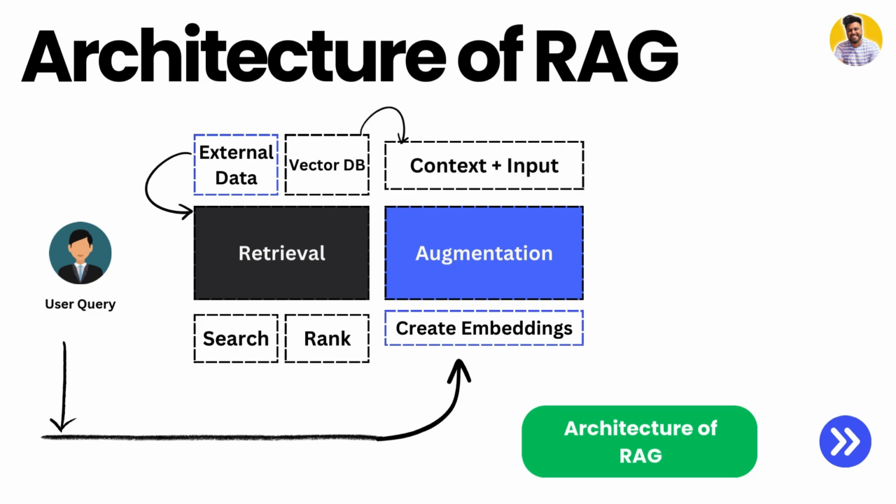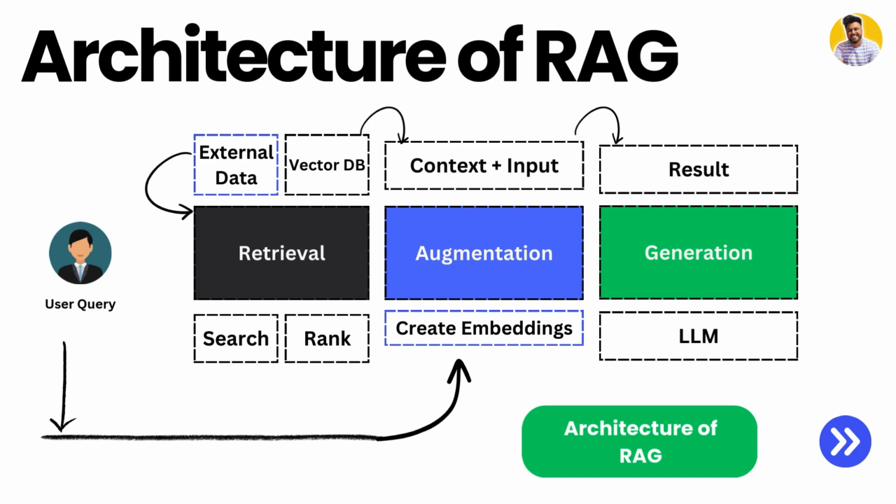When we get the best ranked output from the vector DB, aligned with our input prompt, we now have the prompt and its context, and that whole package is passed to the generation phase, where the large language model helps generate a better response.